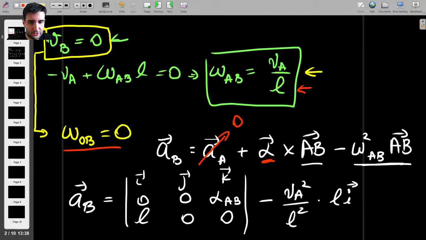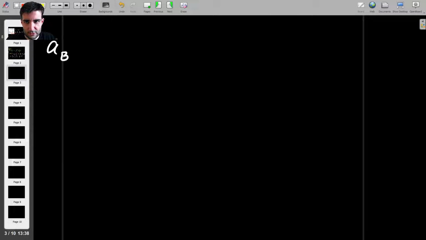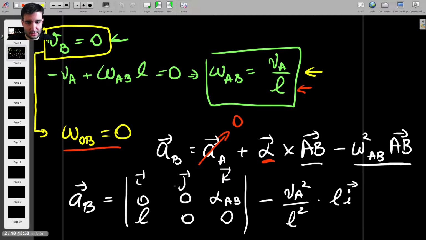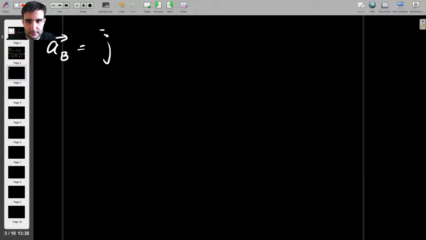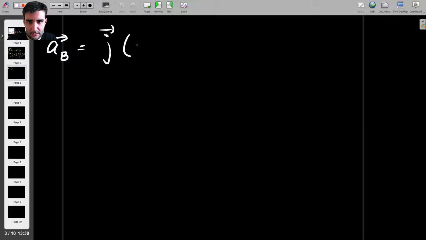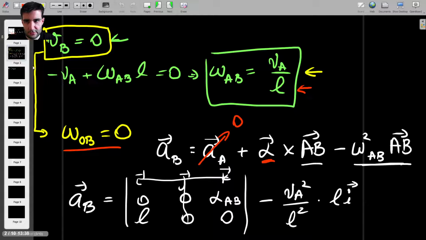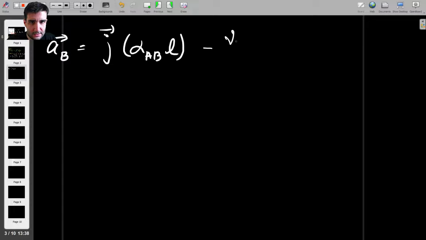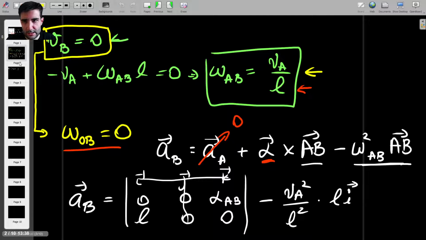Okay. So what we can then do is find the acceleration of B. First of all, we solve the determinant, and we see it only has a j component, which is alpha AB times L. And the rest of it is just minus VA squared over L multiplied by i.